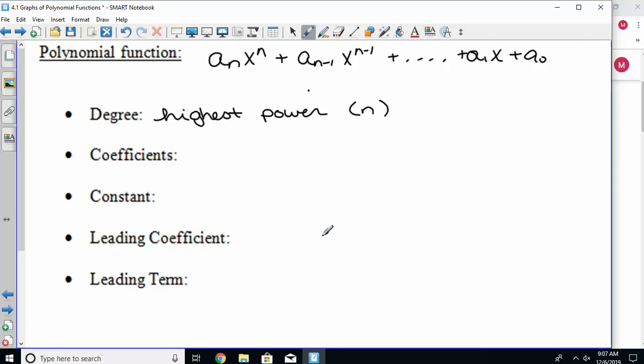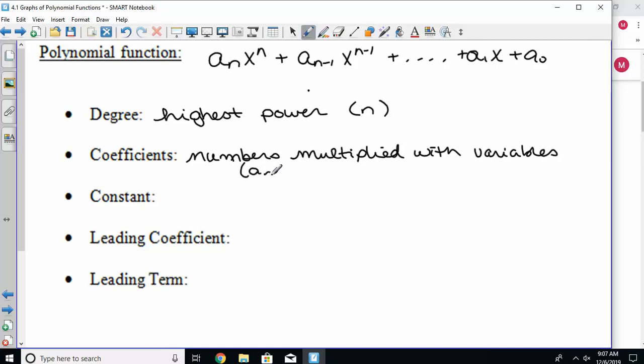Coefficients are the numbers multiplied with the variables. So in this, that's all of the a's.